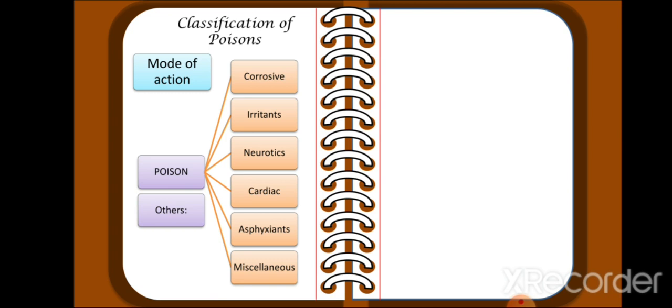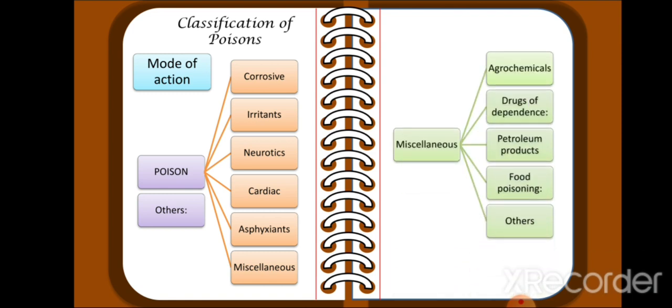First is corrosive, next is irritant, next is neurotic, then cardiac, then asphyxiant, and miscellaneous. Miscellaneous is further divided into 5 parts: agrochemical, drug of dependence, petroleum product, food poisoning, and others. Now one by one we'll see how it is classified.